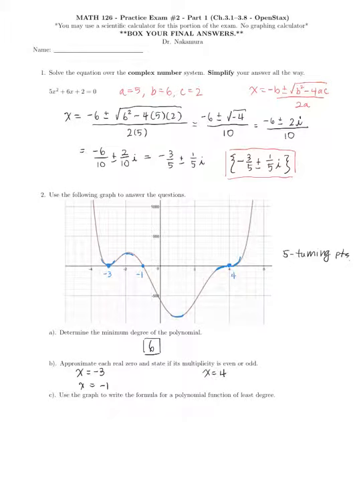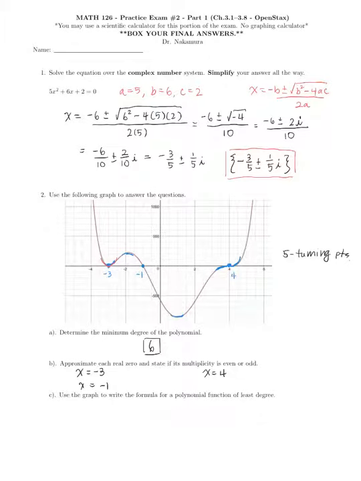Now let's figure out whether the multiplicity is going to be even or odd. If I look around x equals negative 3, notice that the graph touches the x-axis at negative 3 and bounces back. That means, look at it, around negative 3 you've got a parabola going on.